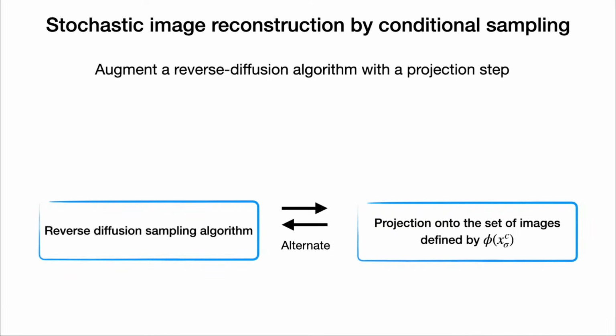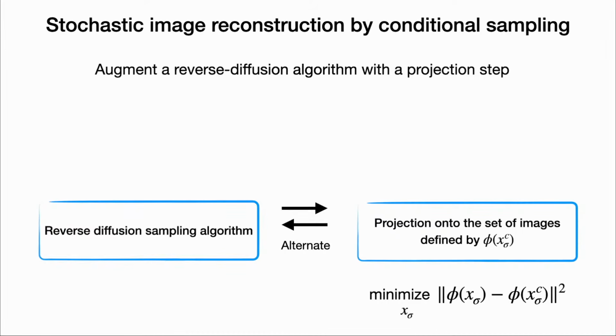We're going to alternate between the score-directed steps and projection onto the set of images that is defined by this phi, right? Because phi is a many-to-one function. So there are many images that have the same phi, right? So we want to see, basically by sampling, what are those images.